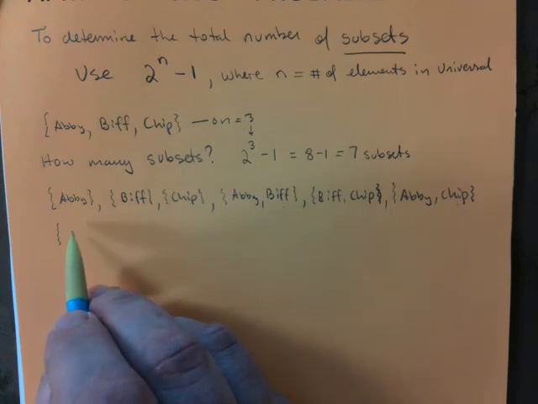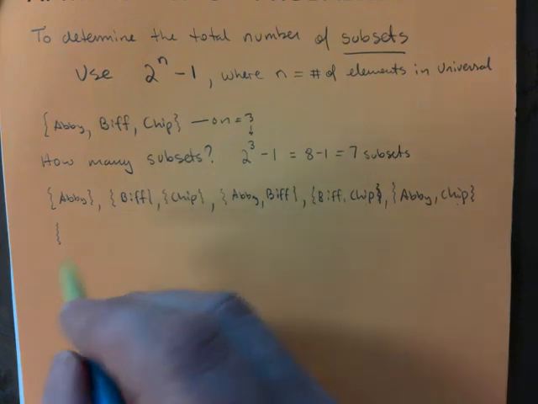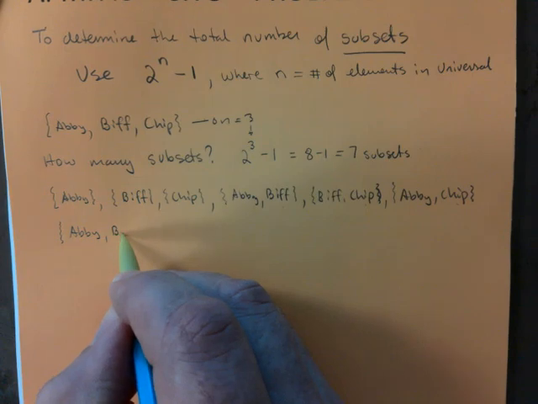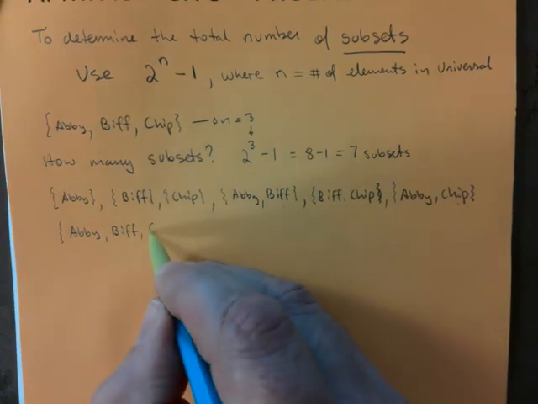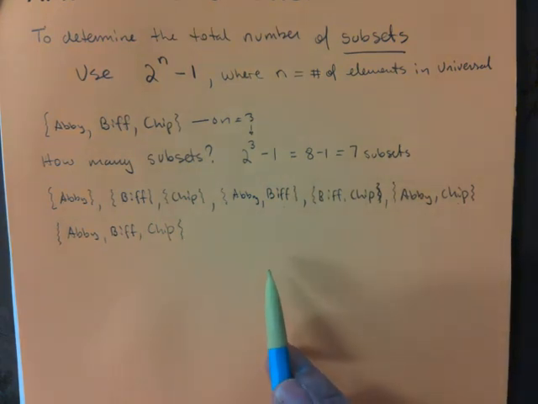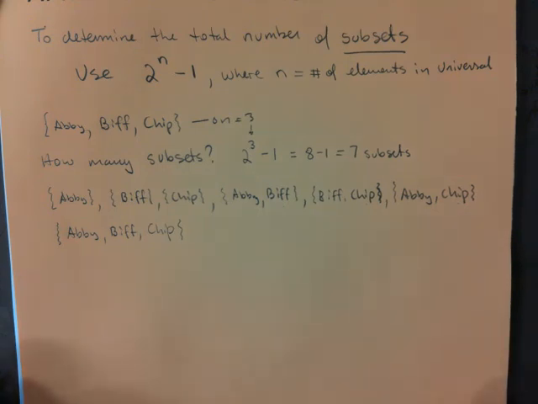So we'll say that Abby, Biff, and Chip would also be a subset. Total possible subsets that can be made from the universal. Okay. So there we go. That's one item that I wanted to have in there.